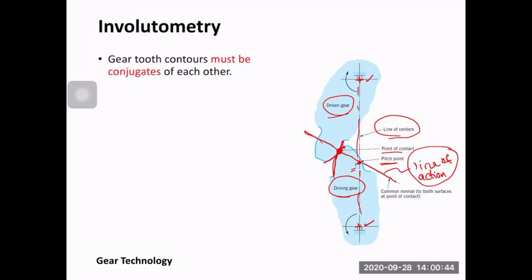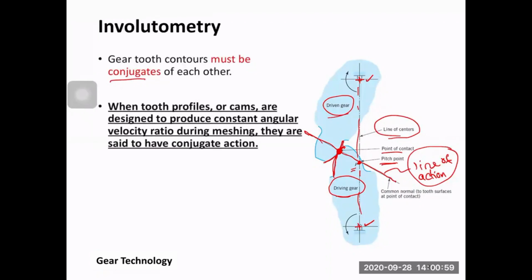So in this case, we want to generate what is called conjugate action. What is conjugate action? If you have a tooth profile, which in this case is called involute, this produces a constant angular velocity ratio between the two meshing gears.